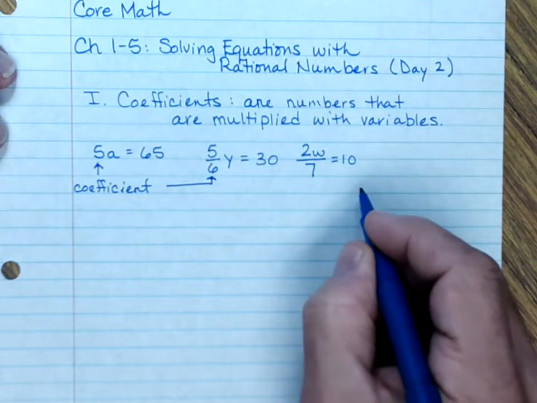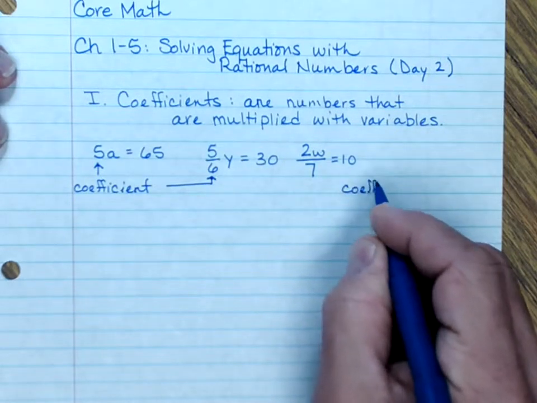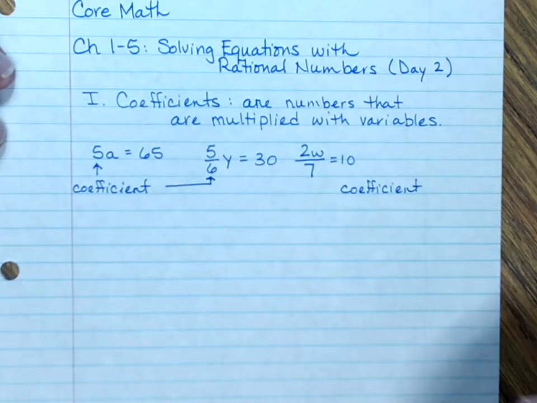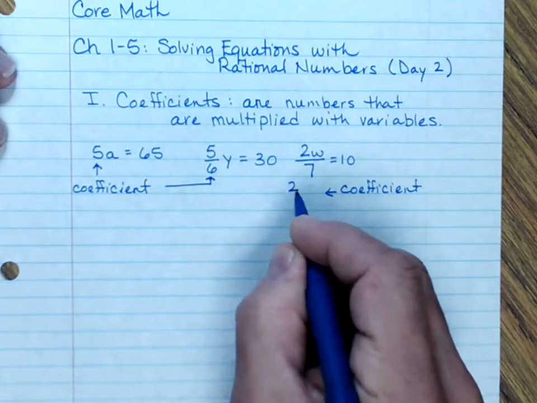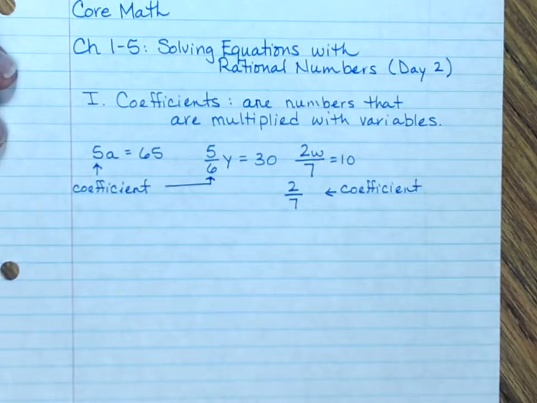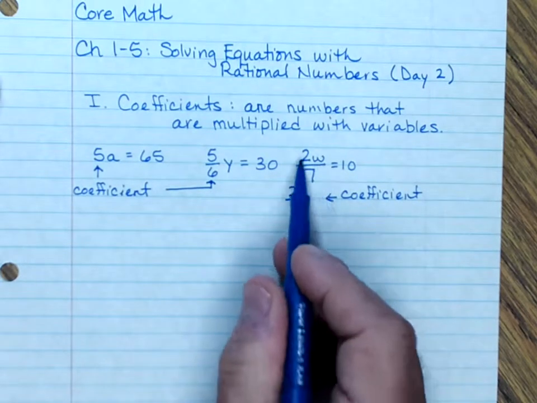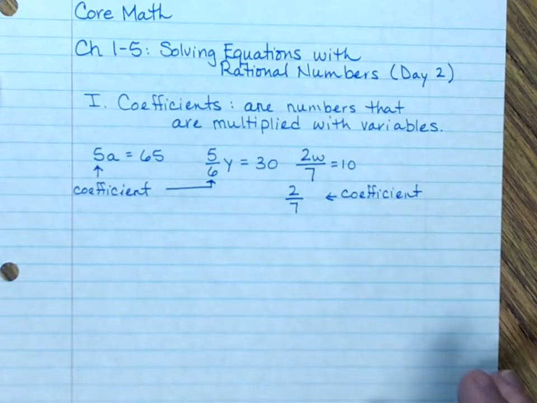But in this case, the coefficient for this is 2 over 7. And remember, if you see a fraction, that means the coefficient can't just be the numerator in this particular example. When there's a numerator, there's got to be a denominator.